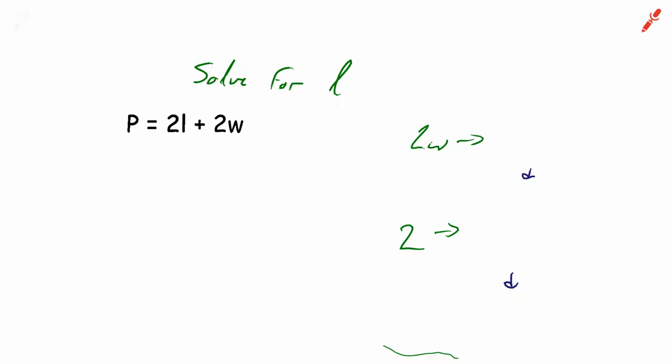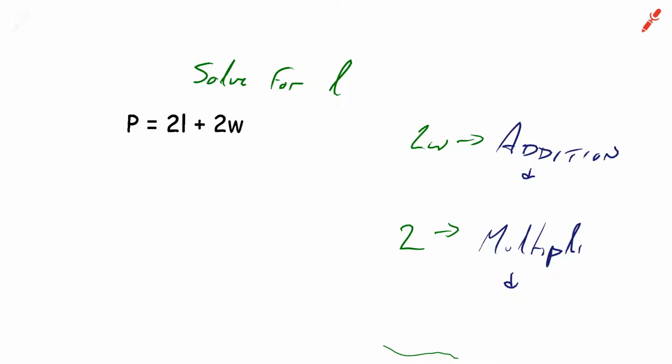All right. So 2W, you should have said, is attached through addition because there's an operation in between. It is addition or subtraction. The sign in front of the 2W is definitely positive. Okay. And then the 2 in front of the L is simply attached through multiplication.